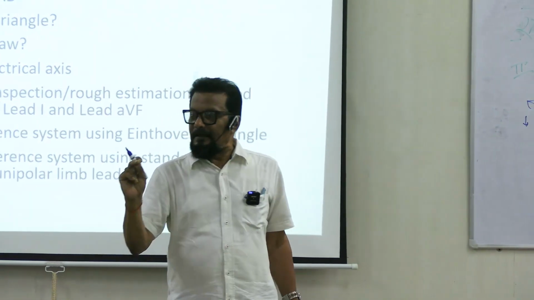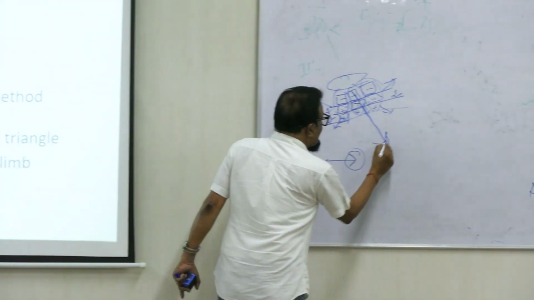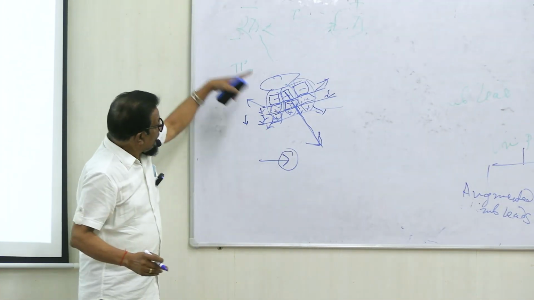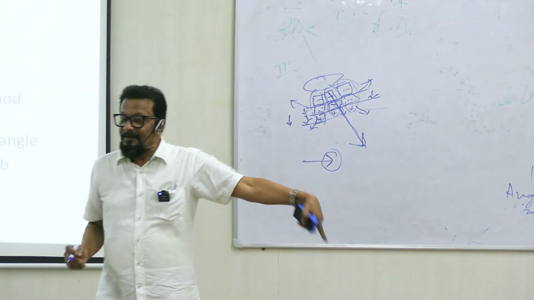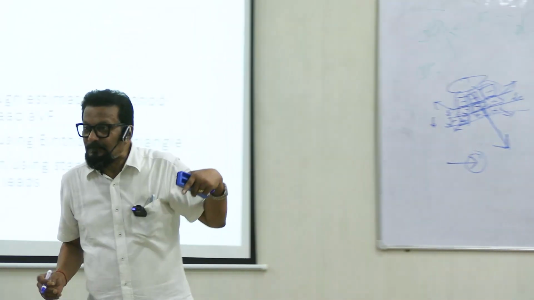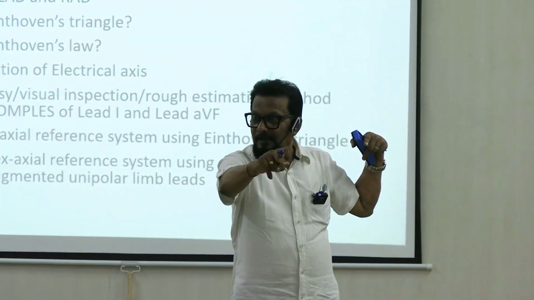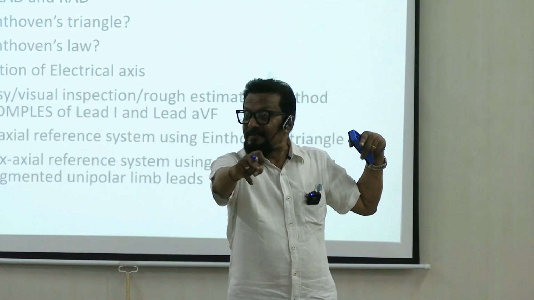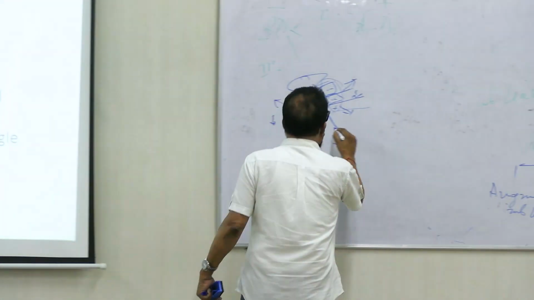This arrow indicates in which direction current is flowing in the heart. It is always from the base of the heart toward the apex of the heart through the interventricular septum. This is called the mean vector.